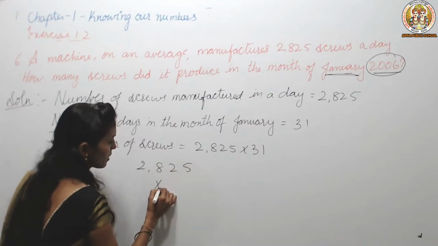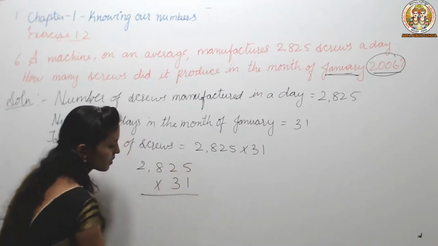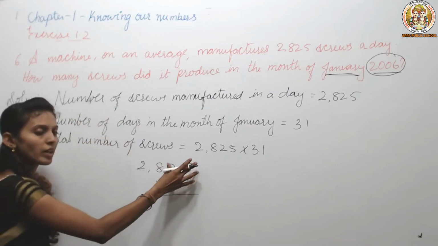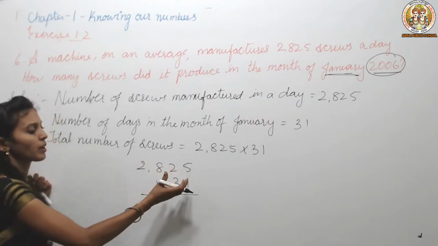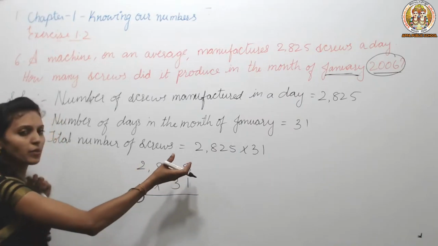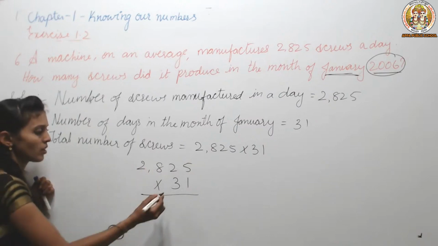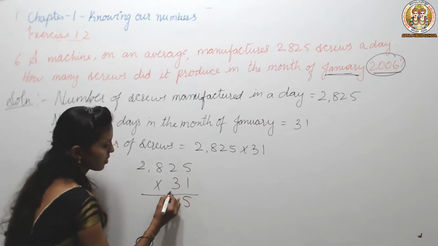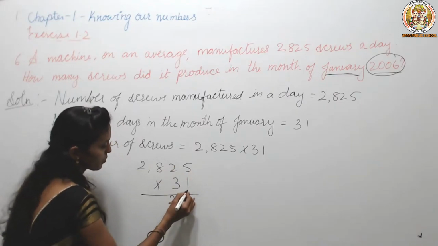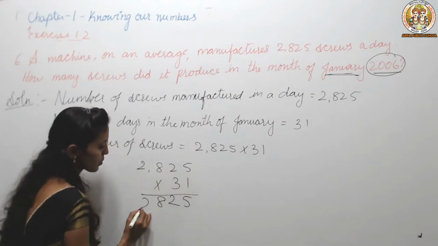2825 into 31. You can use directly 31 table, or you can go with the 1's table first, then 3's table. As you wish, as is convenient. So 1 5 is a 5, 1 2 is a 2, 1 8 is a 8, 1 2 is a 2.